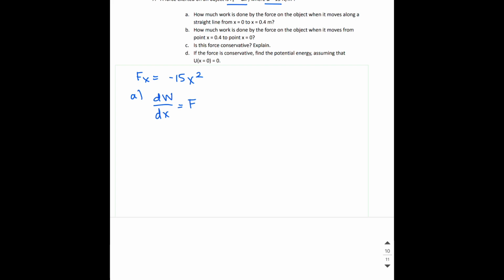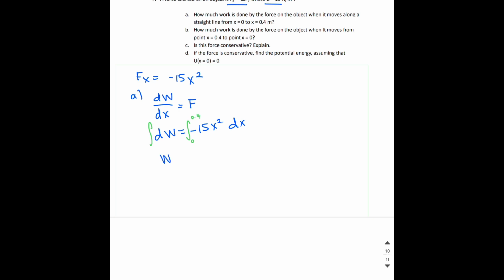And then I'm going to bring the dx over, and I'm going to go ahead and plug in my negative 15x squared for force, and then multiply the dx like this. And then from there, we're going to integrate, and in this scenario, it says from x equals 0 to x equals 0.4.